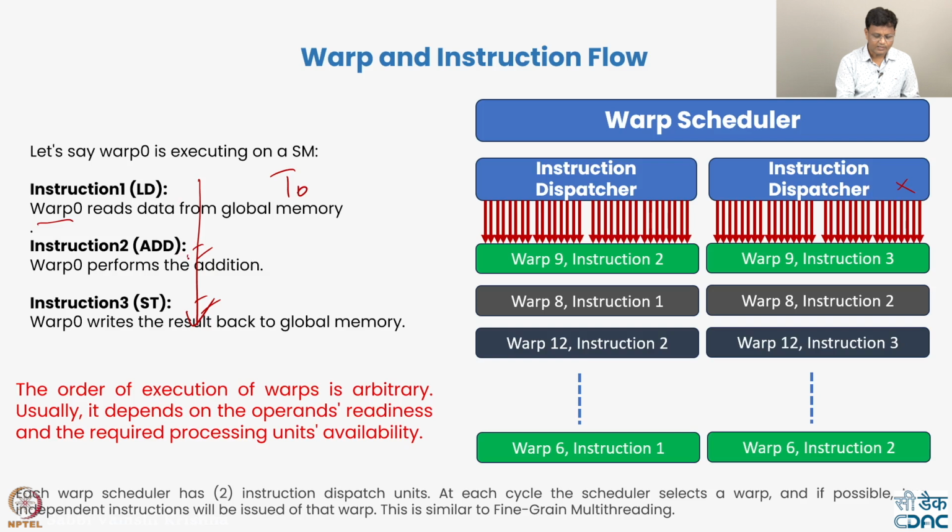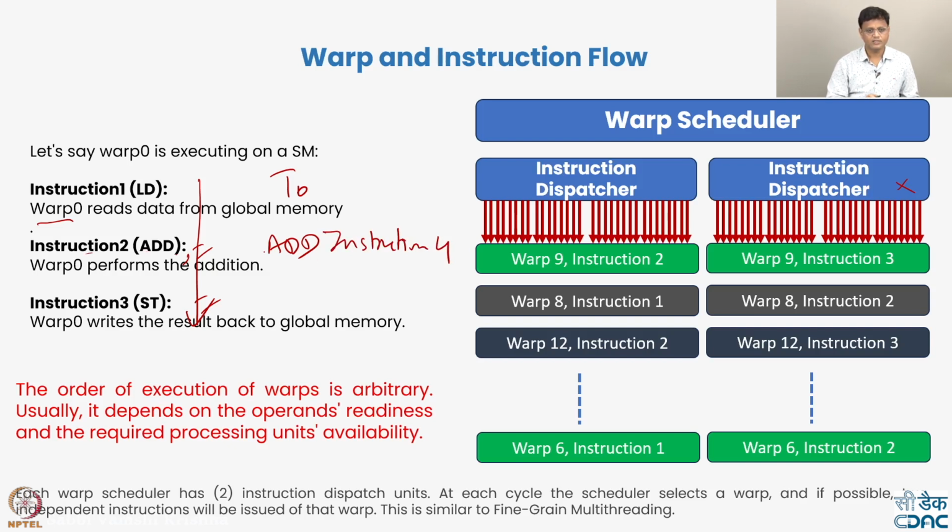But if I add one more instruction which is independent, another add operation, I am calling it instruction 4. This instruction is independent of instruction 2.